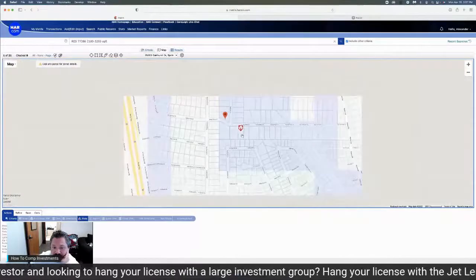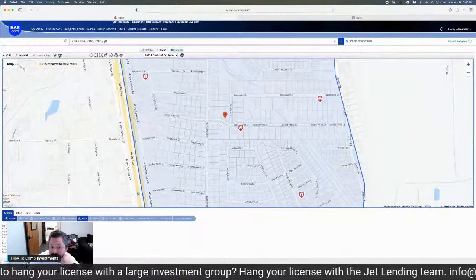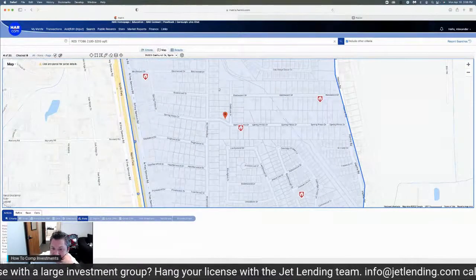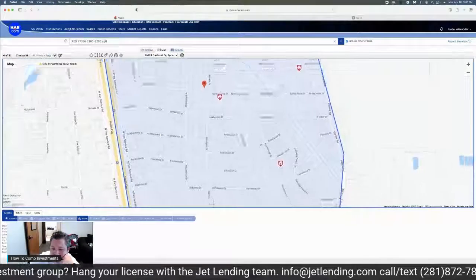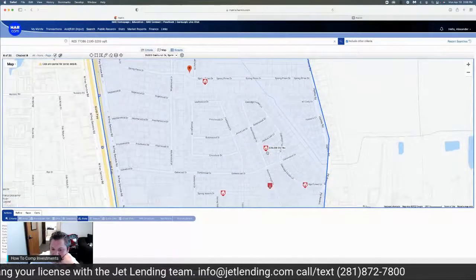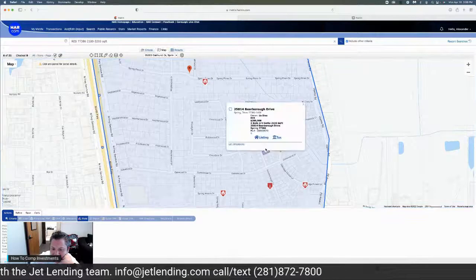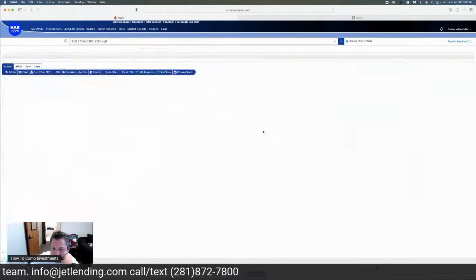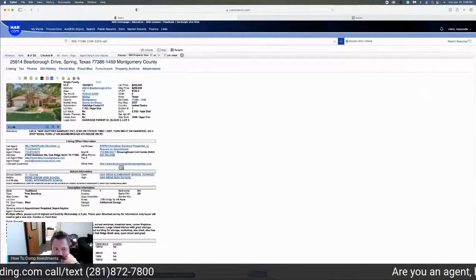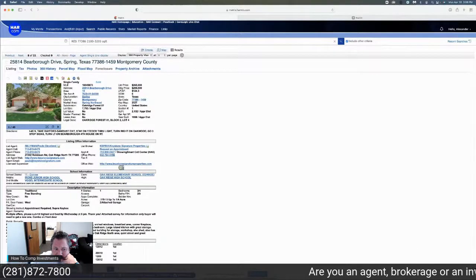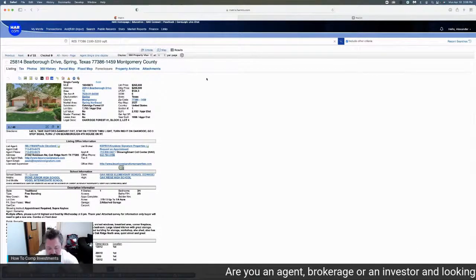Next thing I'm looking at is the size of the lots. All these lots here seem pretty similar. But if I go over here, look how small this is. So if I click it, does that meet my house? Well, I don't know.